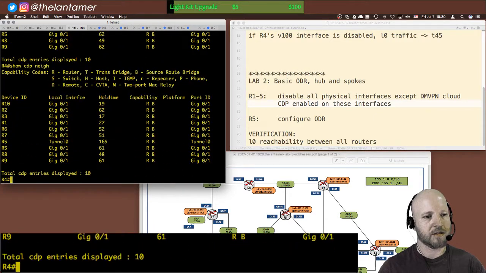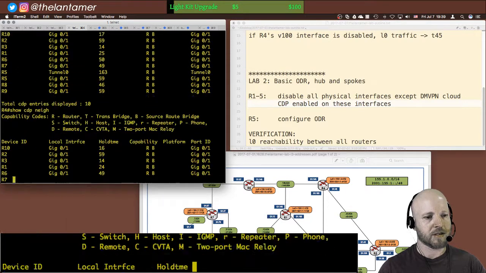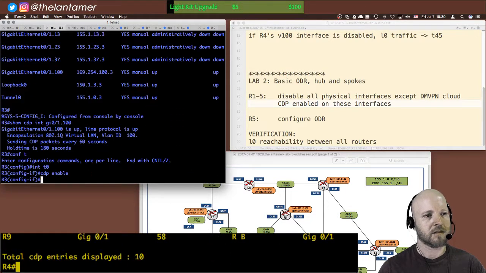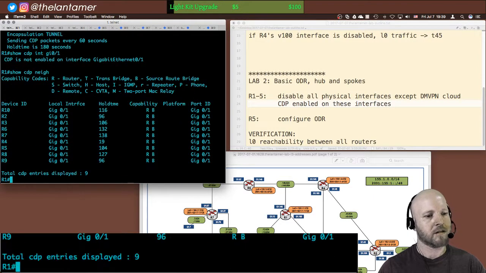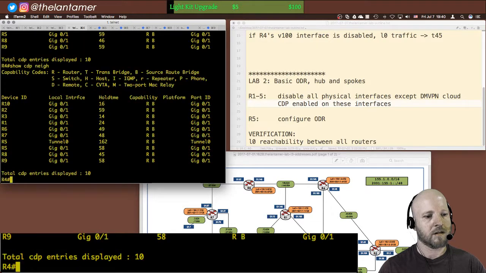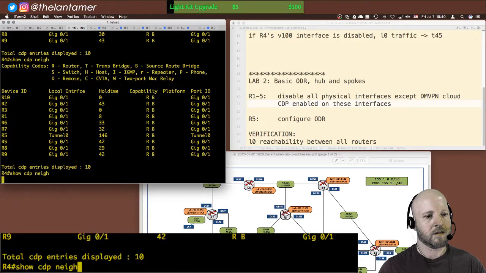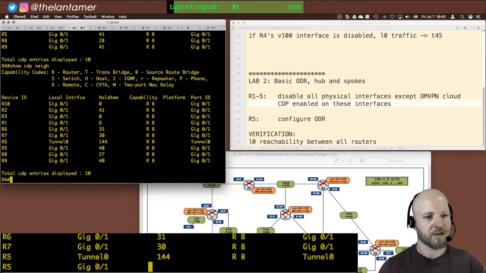Ooh, countdown into the 20s. See if router 10 goes away here. 17. Hold time is 0.